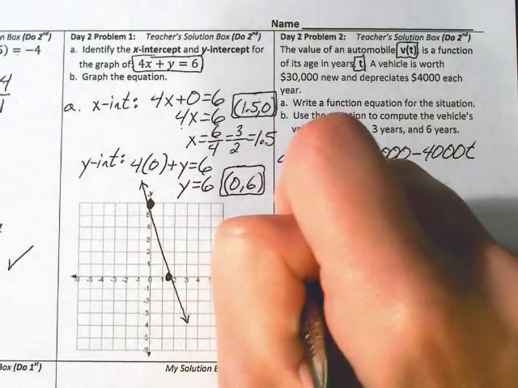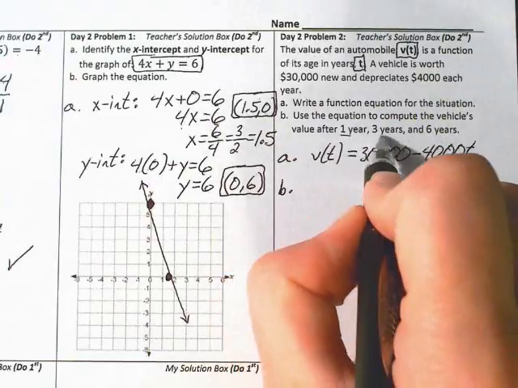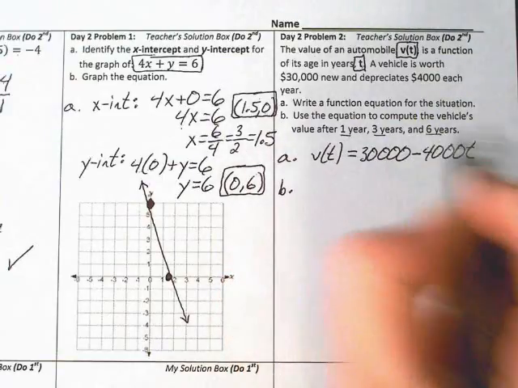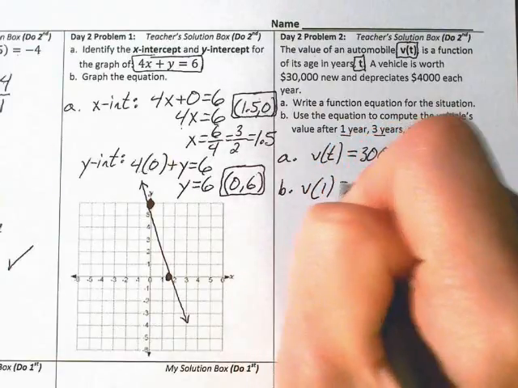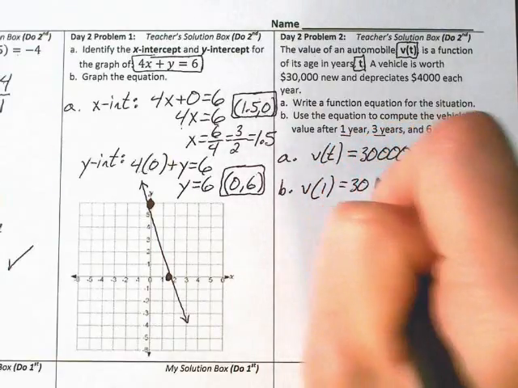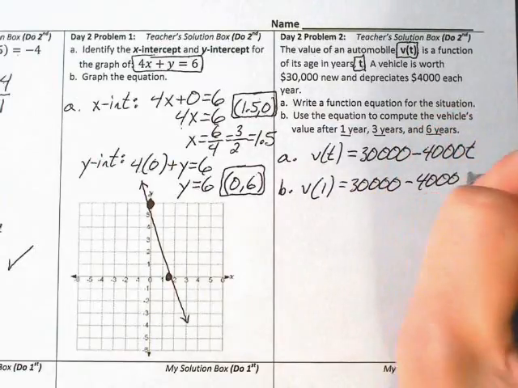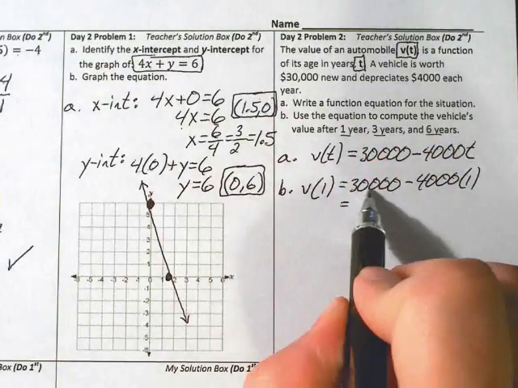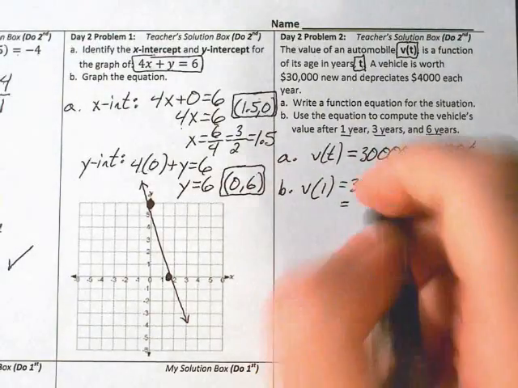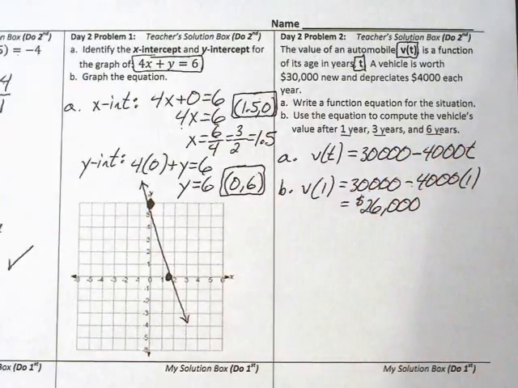Now in part B, we can use that equation to find the value of vehicles that are 1 year and 3 years and 6 years old. So V of 1 would be equal to 30,000, subtract 4,000 times 1, or 30,000 subtract 4,000, which is $26,000.